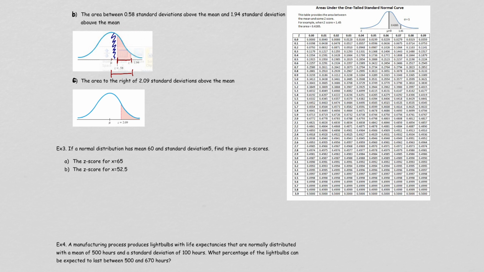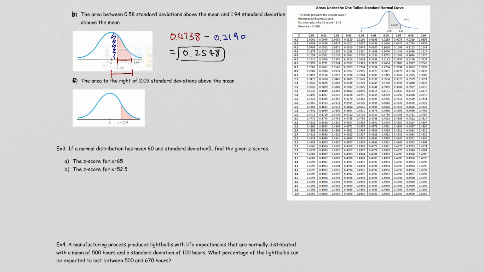So I'm doing the red, which is 0.4738, minus the blue area, 0.2190, and this is going to be equal to 0.2548. So that's the area between 0.58 and 1.94.